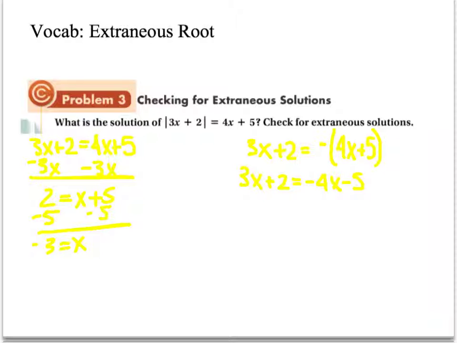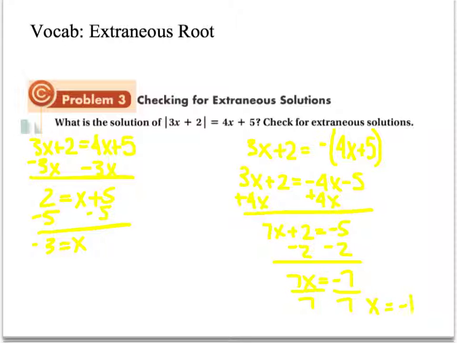On one of the sides, I get that x is -3. And on the other side, I get that x is -1.